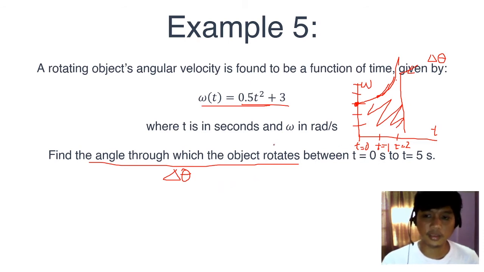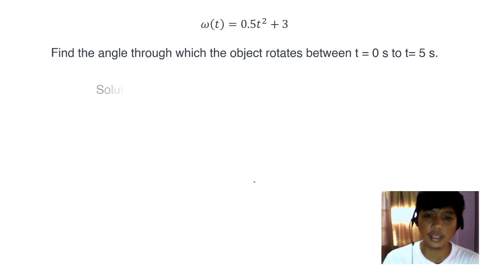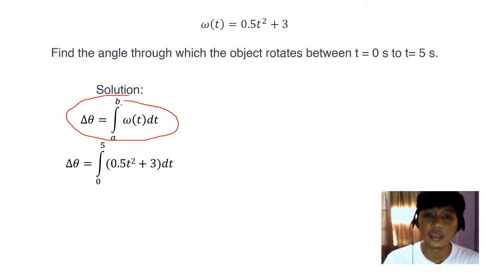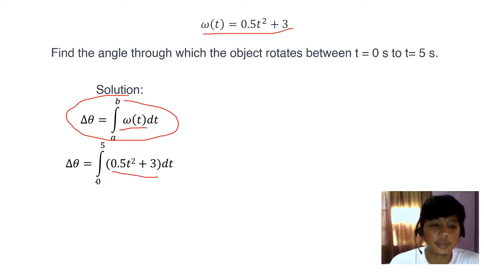We need to do a calculus version of finding the area, and that is the integral. The integral of omega(t) dt evaluated from time a to time b. And in this case, our omega(t) is 0.5 t squared plus 3, conveniently, so we just put it here, evaluated from time 0 to time 5.